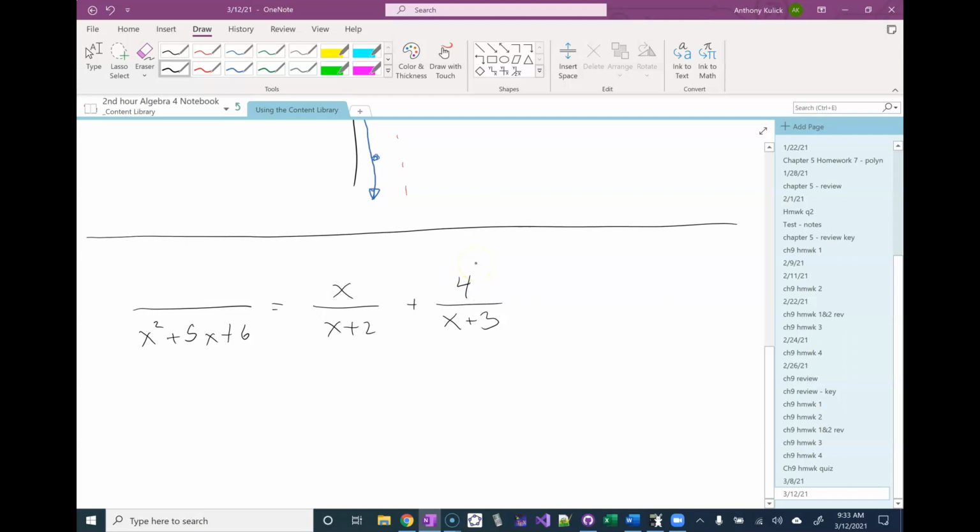Let's do 4. That's going to give me x squared plus 3x, and that's going to give me 4x plus 8. And then if I move all this, that's a 7x. So I'll put it all over here.